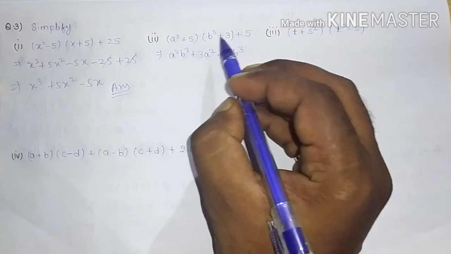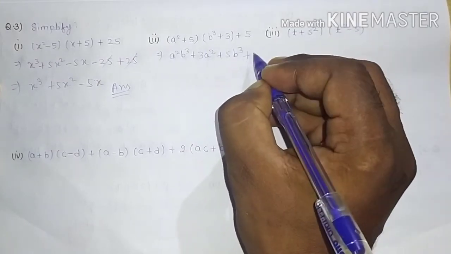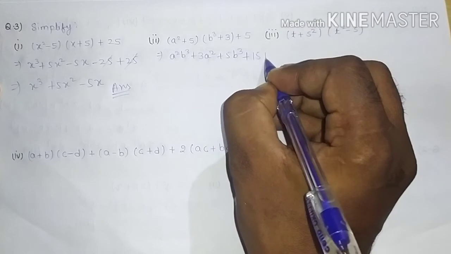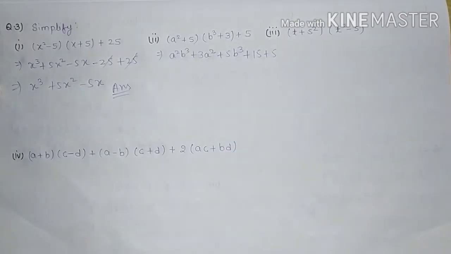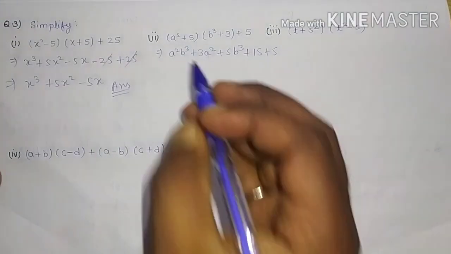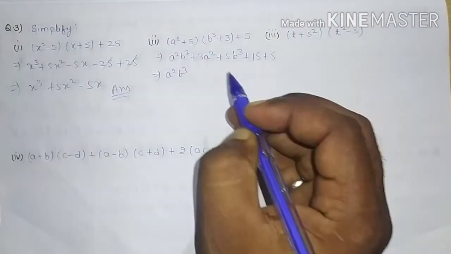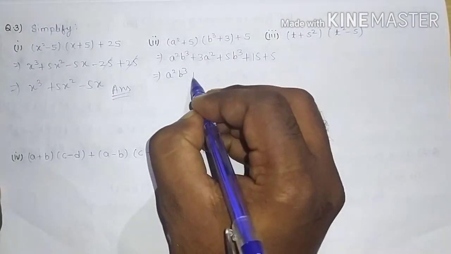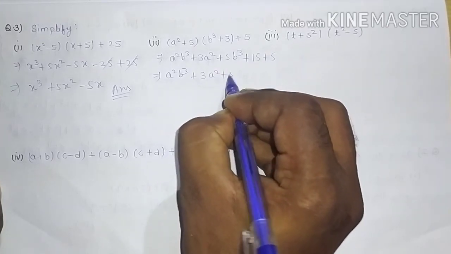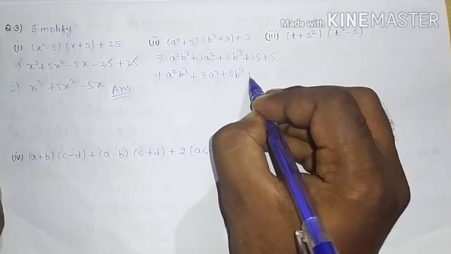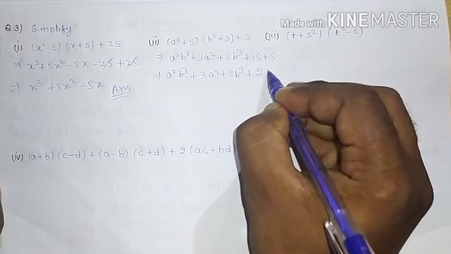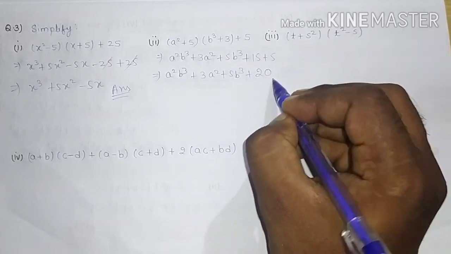Now 5 into 3, that will be 15, so plus 5. Now a²b³ plus 3a² plus 5b³ plus 15 plus 5, that is 20. Now this is the answer.